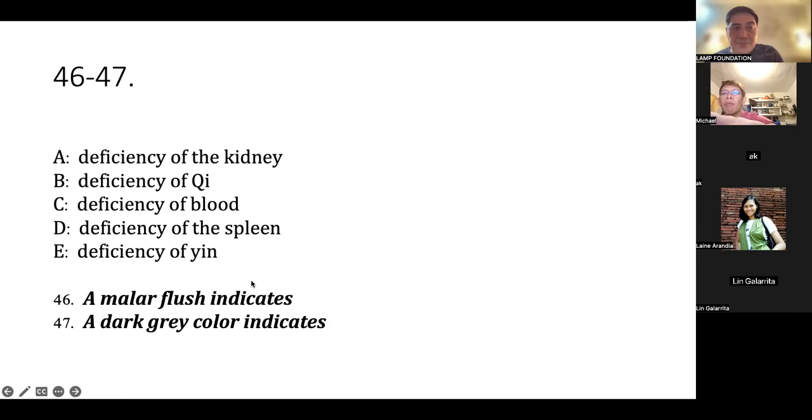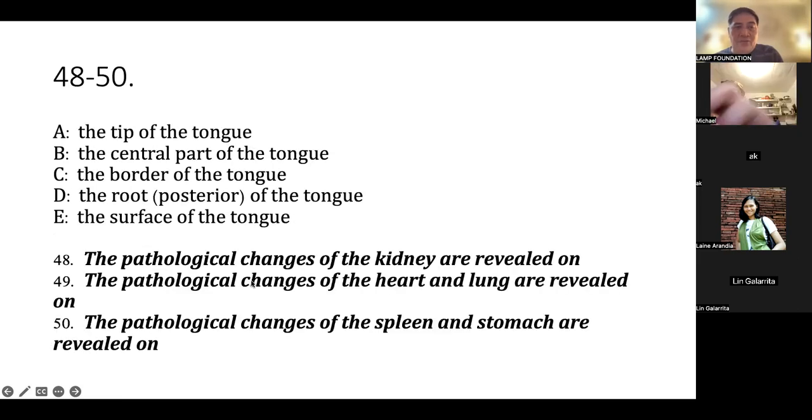Yellow. Next, we go to 48 to 50. 48, the pathological changes of the kidney are revealed on, ito pong letter D, the root posterior of the tongue. Okay, very good. 49. 49, the pathological changes of the heart and lungs are revealed on the tip of the tongue, sa upper po siya.